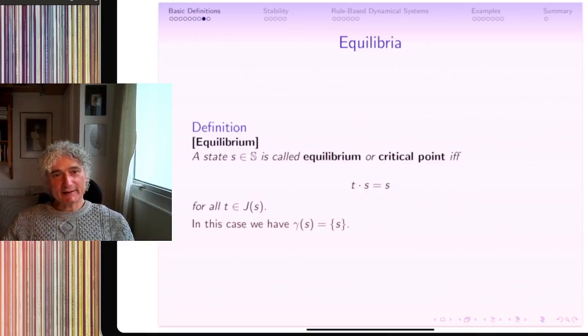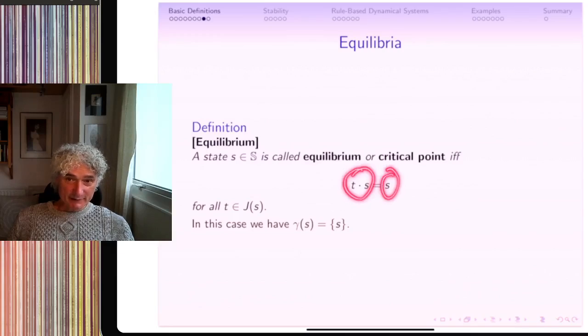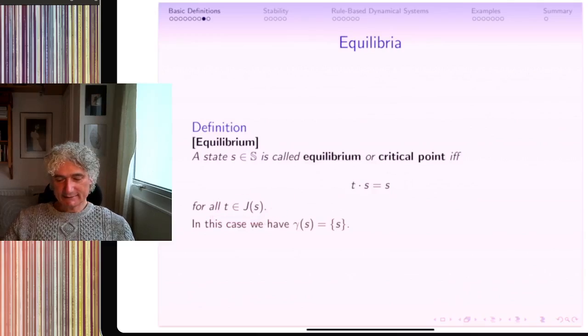With this simple notation, we can, for example, very easily define equilibrium. So a state S in S is called equilibrium or critical point if and only if we have that t times S is S. So whenever we apply a shift to the state S, we stay in S, and this must hold for all times t in the existence interval of S. Actually, you can already see, if this condition holds, then the existence time of this trajectory is infinity, because you can shift in forward and backward time as much as you like.